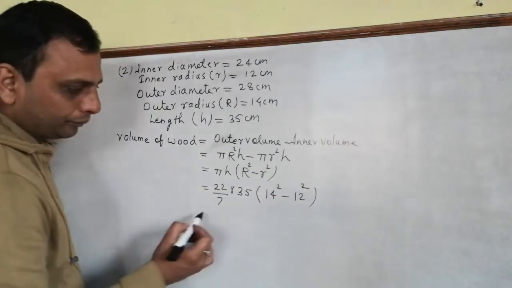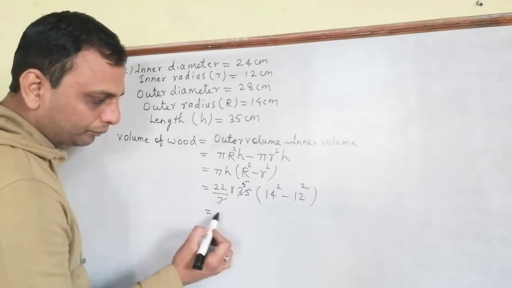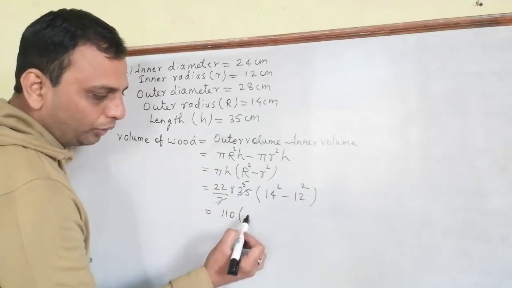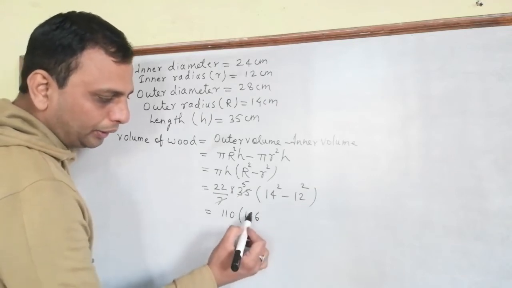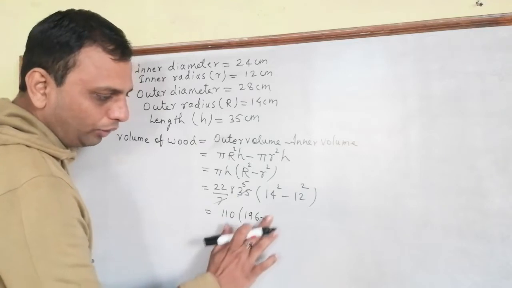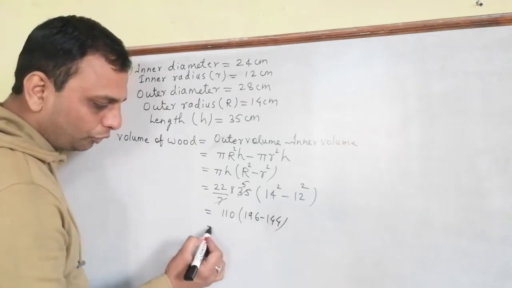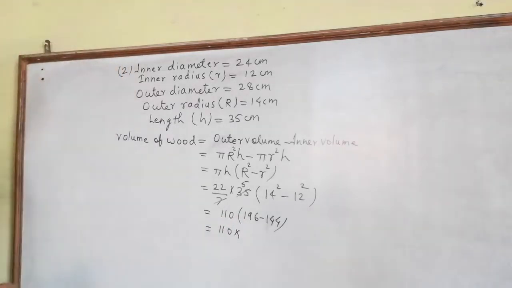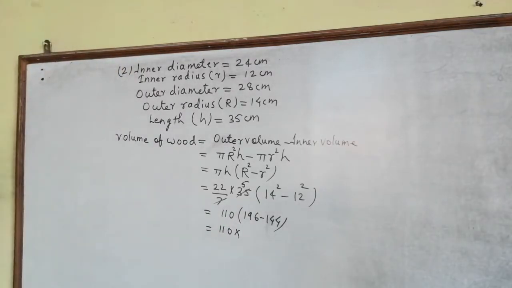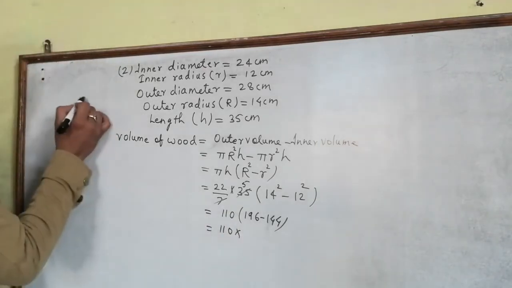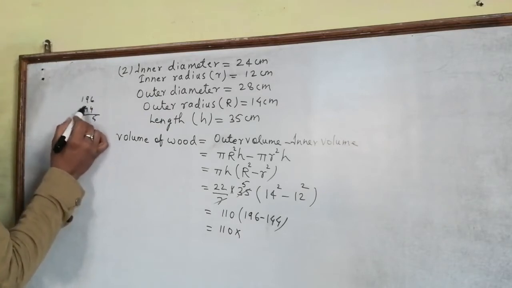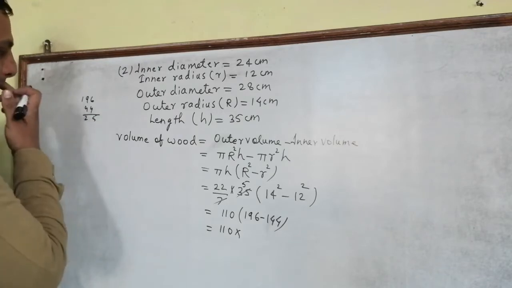The 7 will cancel with the 35, leaving 5. 22 multiply 5 is 110. 14 square is 196, and 12 square is 144. Now 196 minus 144 is 52.